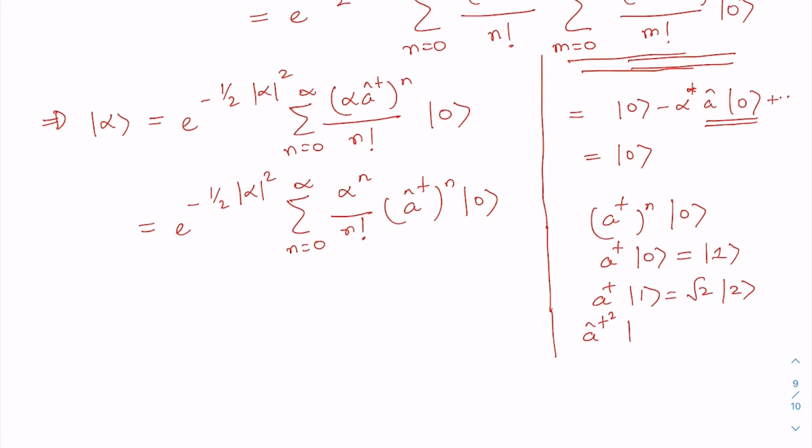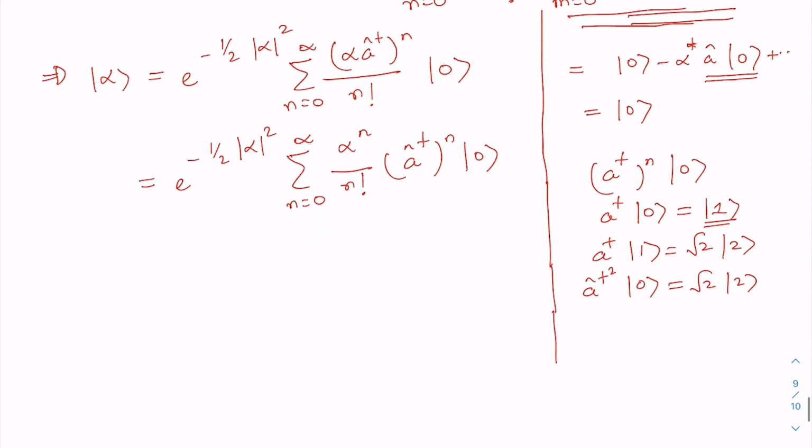So a dagger square on ket 0 would be equal to root 2 ket 2. So I think you are getting the idea, where I can just extrapolate it to a dagger to the power n on ket 0 would be root over n factorial ket n.